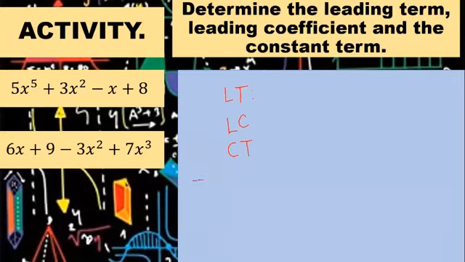Okay. So, we will arrange them. So, we have 7x cubed minus 3x squared plus 6x plus 9. Now we can determine the leading term, the leading coefficient, and the constant term. So the leading term is 7x cubed. The leading coefficient is 7 and the constant term is 9.